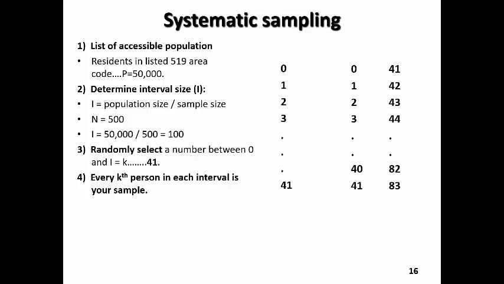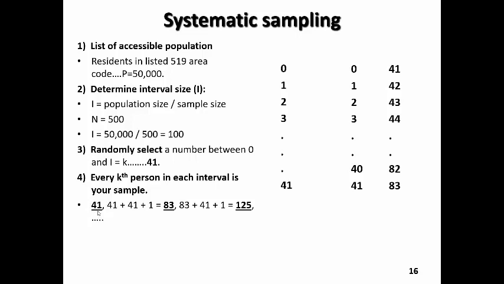Then every kth person in each interval, or every 41st person, is now the sample. We begin with the 41st person, which is the first case in the sample for the researchers.